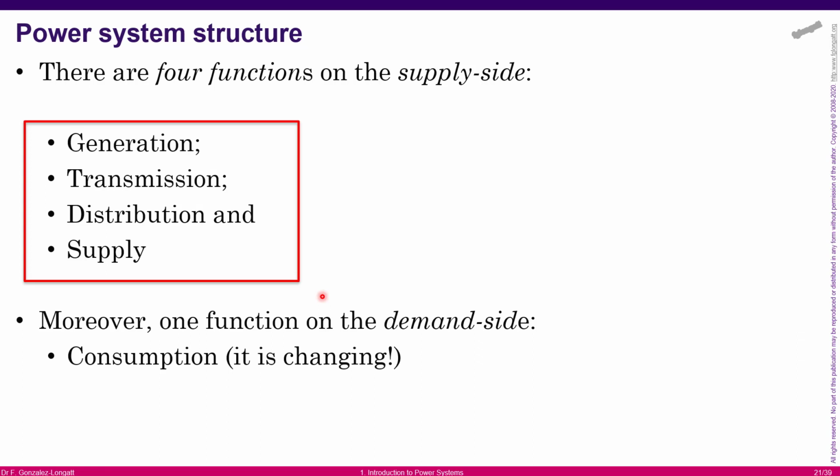For many years, the customer has been just a passive component inside the power system. The situation is changing. A lot of people are installing a PV system today, a renewable energy resource that is producing electricity. And some houses also have battery energy storage that, together with the PV system, helps you manage your electricity bill.